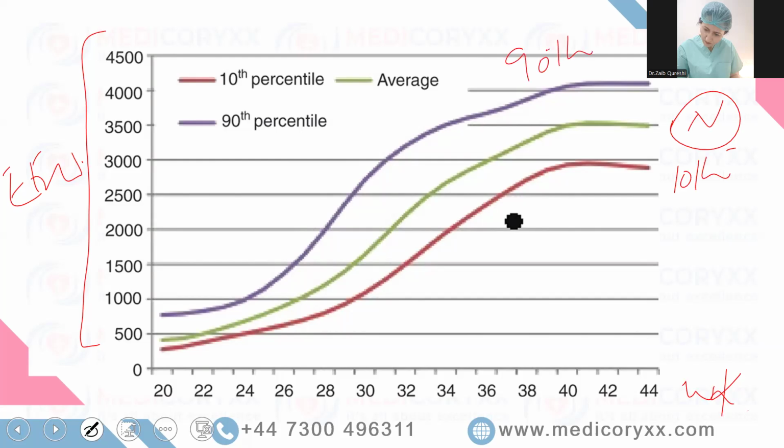A very simple question: if I'm saying something about the 10th centile, it means it is SGA. If I am talking about the 90th centile, it means I'm talking about large for gestational age, because it's another pathology, isn't it? Clear everyone, this part? Because this is equally important. And of course, this is another topic to cover and to discuss. But today we are going to cover this part.